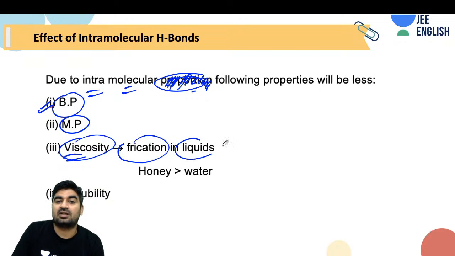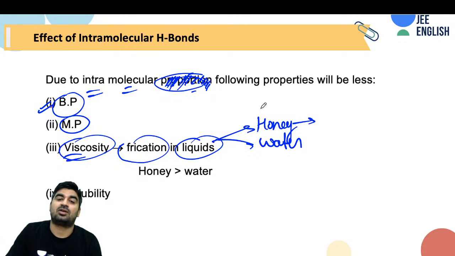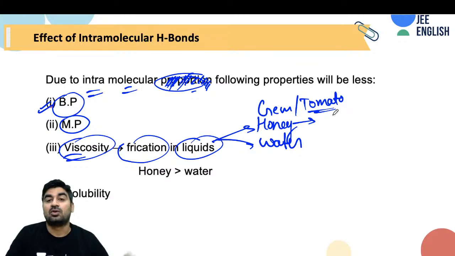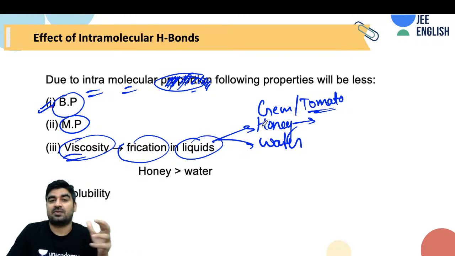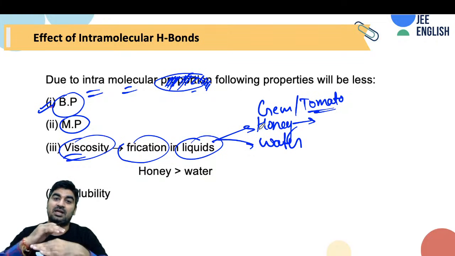It is the friction in liquids. If you take the example of honey and the example of water, or jam, or tomato sauce, their viscosity is very high. So viscosity is basically the kind of friction in the liquids between the layers.